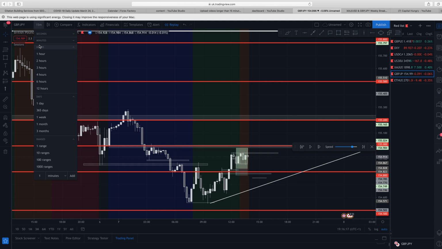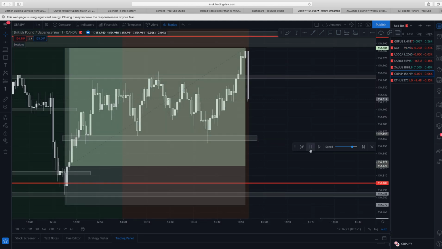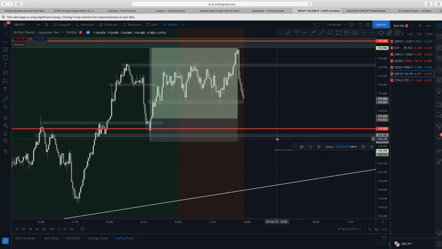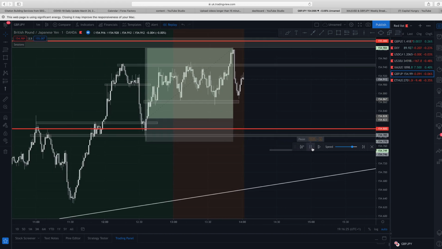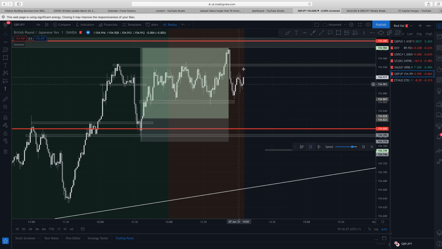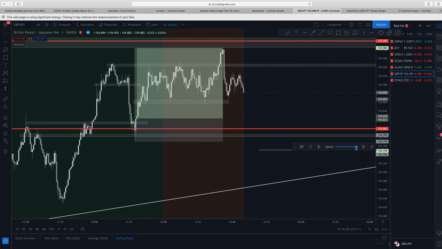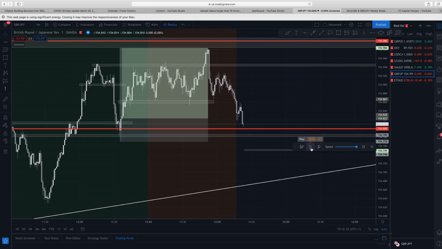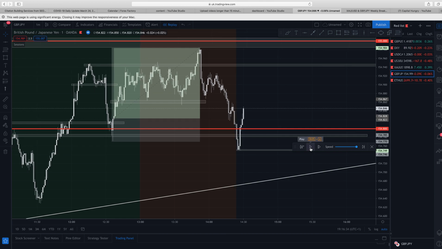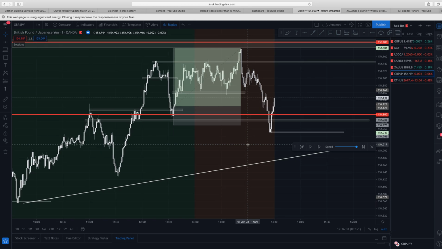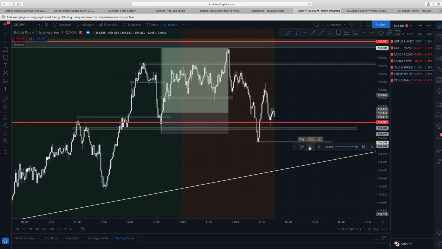So when price action's like this, and there was one more trade which could have took the key level. I think it's around here.